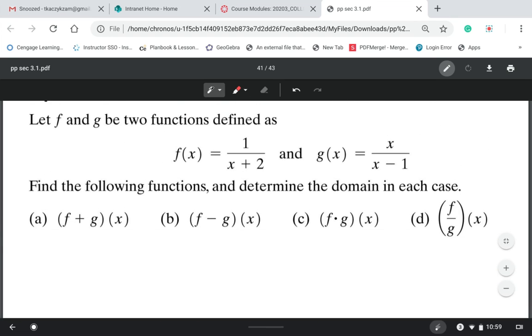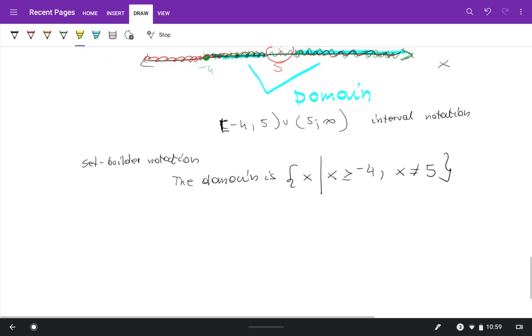So let's start. What I'm going to do is show the work using my whiteboard. So I'm going to do the first one.